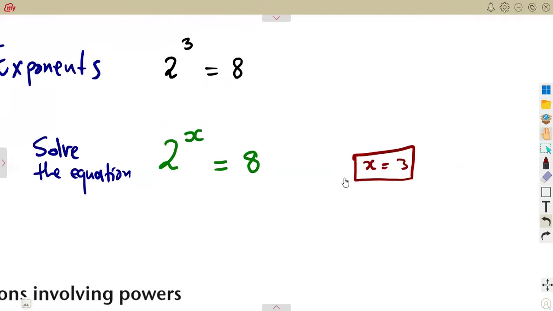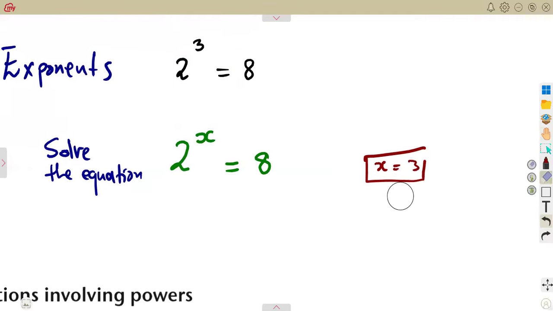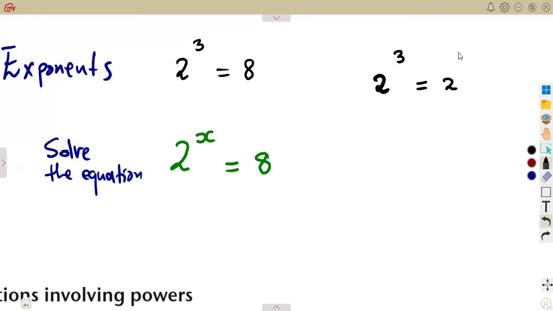In whatever condition you are going to work with exponents, I want you to consider this. There is no way that 2 to the exponent of 3 is equal to 2 to the exponent of 4. It is impossible for these two to be the same as long as we are in the base of 2 and the base of 2. It means the exponents are also supposed to be the same.